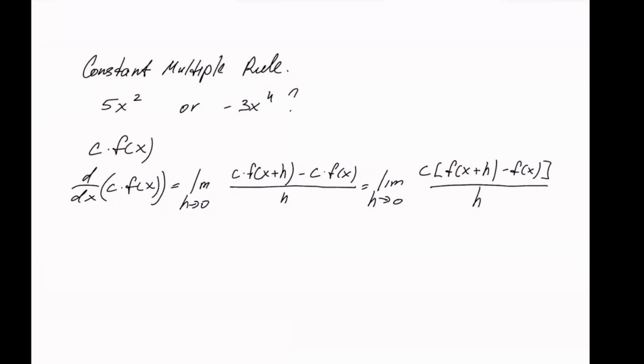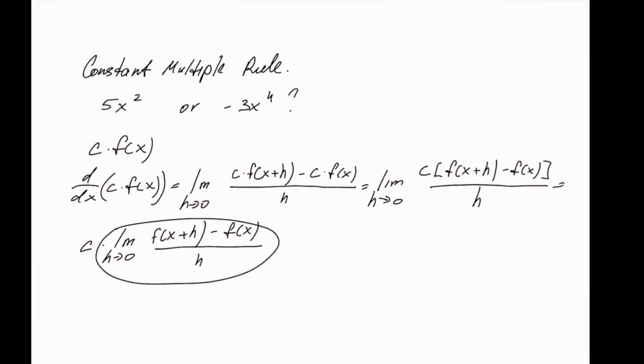Now remember that we can factor out this c out front, and we will have c times the limit as h goes to 0 of f of x plus h minus f of x divided by h. And look at this. This is exactly the definition of the derivative, so we can say that it is equal to c times f prime of x.